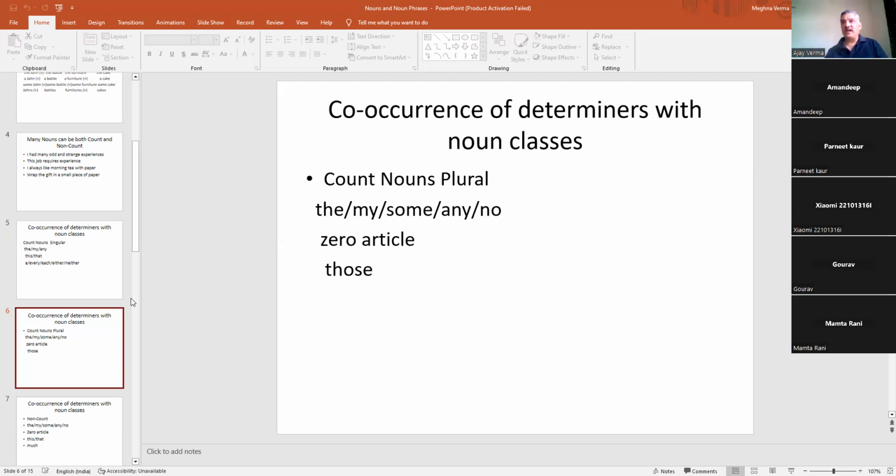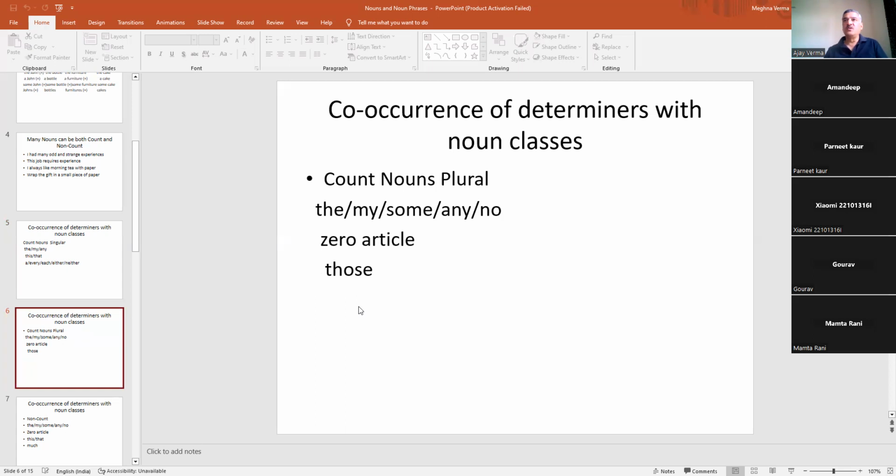We cannot use an with plural countable nouns. We cannot say an umbrellas. So plural count nouns can be used with the determiners you can see in this slide.